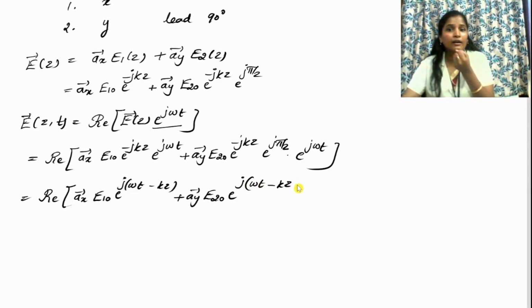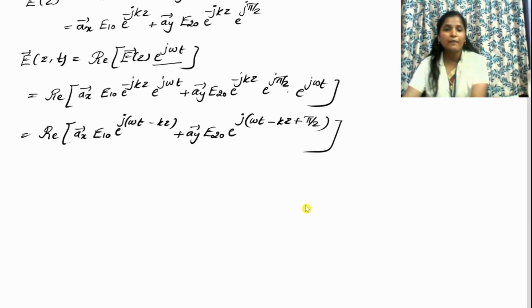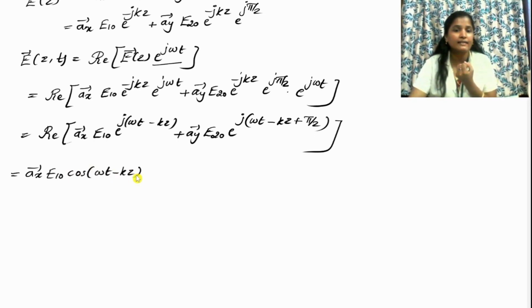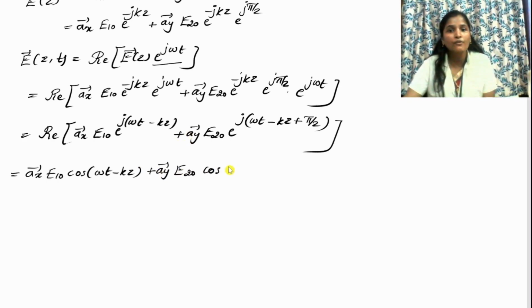If I put plus pi by 2, and pick the real part alone, we get a_x E1 naught cos of omega t minus kz, plus a_y E2 naught cos of omega t minus kz plus pi by 2.